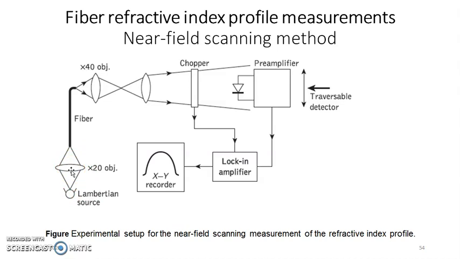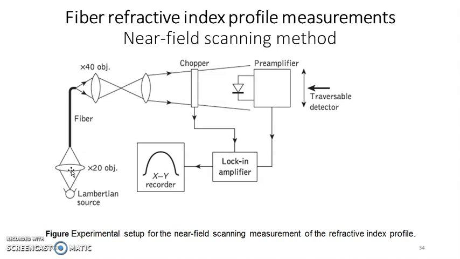Due to that, a magnified image of the fiber output is displayed in the plane of a small active area of a photodetector. This photodetector scans the field produced by the lens.